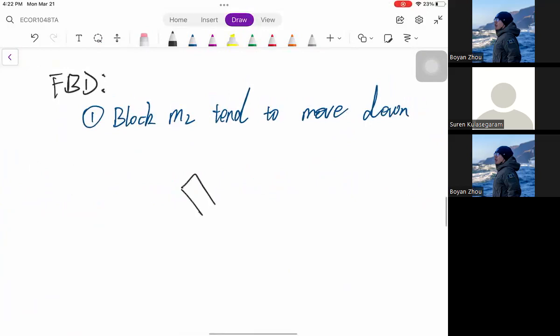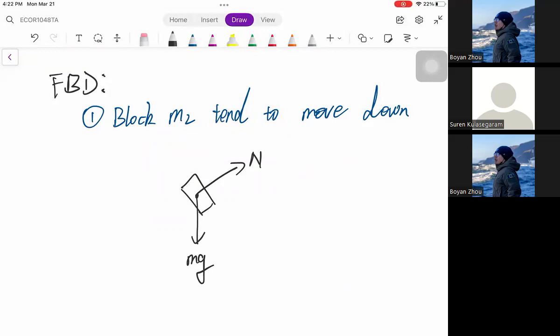So when the block tries to move down, we will have mg pointing downward. It's not going to change. And also the supporting force is not going to change. Since this one is trying to move downward, the friction is a force that is preventing the object from moving.